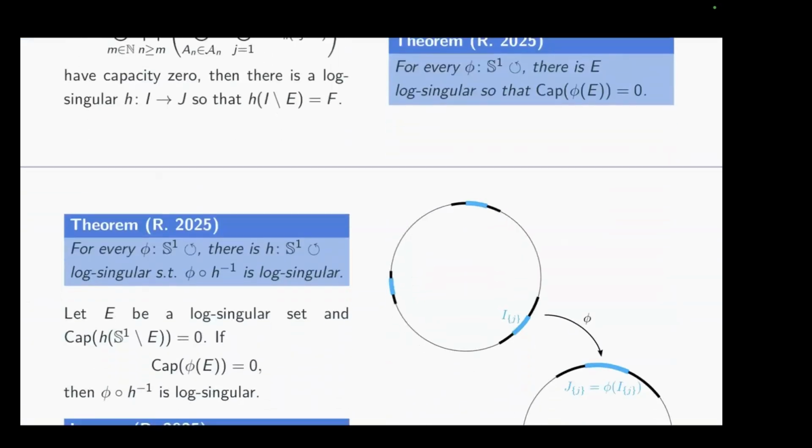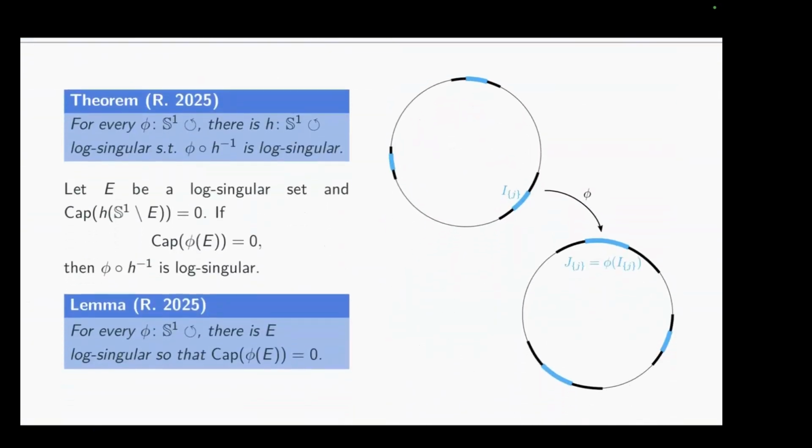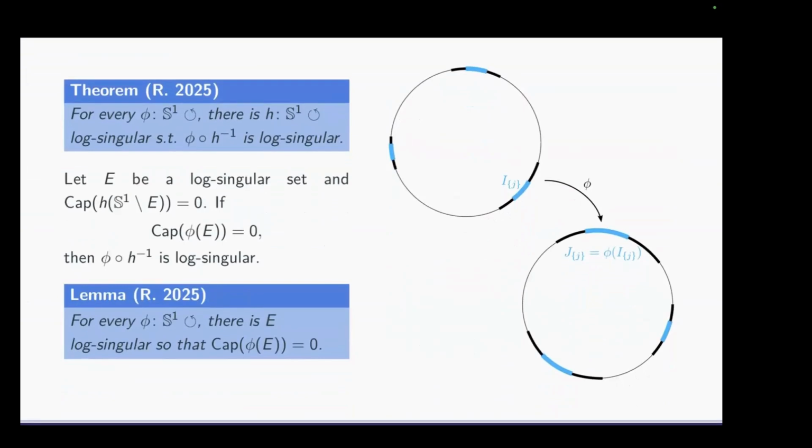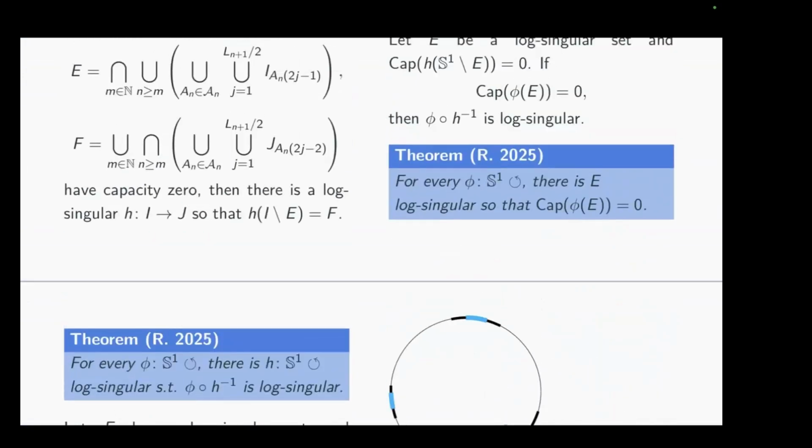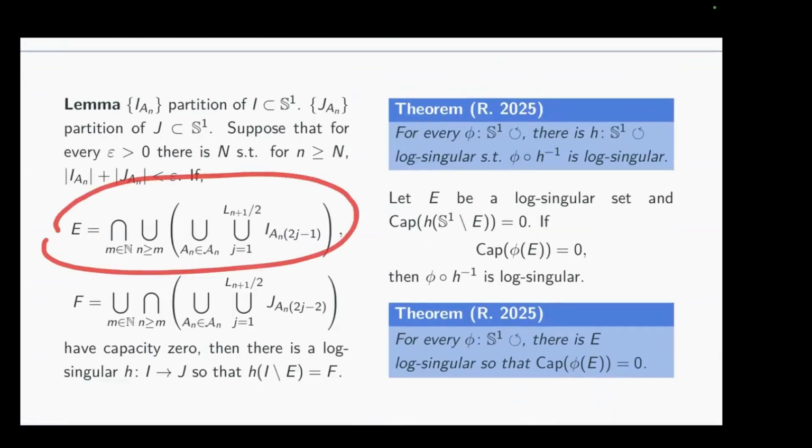And the proof is basically a picture, because suppose the following: suppose that you have a partition of the unit circle that satisfies this condition here, and so that at step n, all elements become very small.